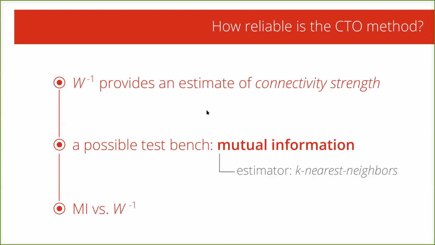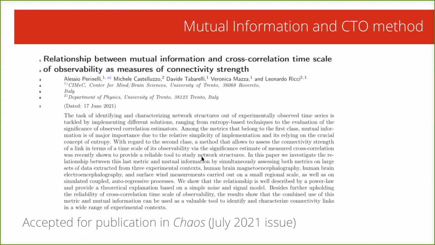Now, we can then just compute on some test time series we carry out the analysis with the CTO method, we get our W to the -1, and then we also estimate mutual information by relying, for example, in this work, on the K nearest neighbor estimator. Okay, so what happens is that we carried out this investigation, which is discussed in the work that you see here, which was accepted for publication in Chaos.